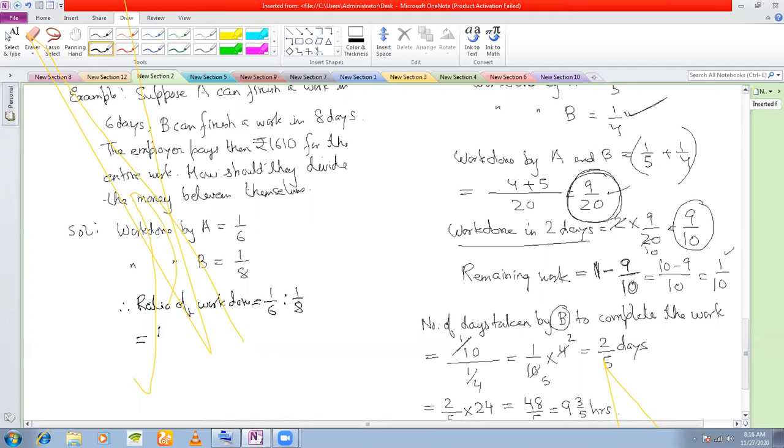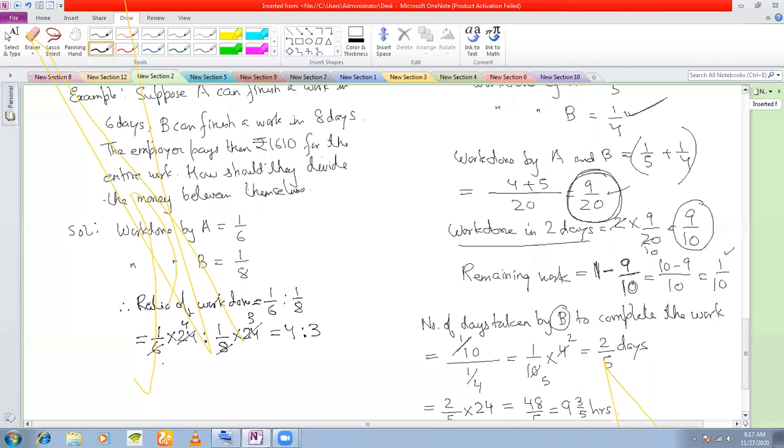What is the LCM of 6 and 8? It is 24. So you multiply 1 by 6 by 24 and you multiply 1 by 8 also by 24.